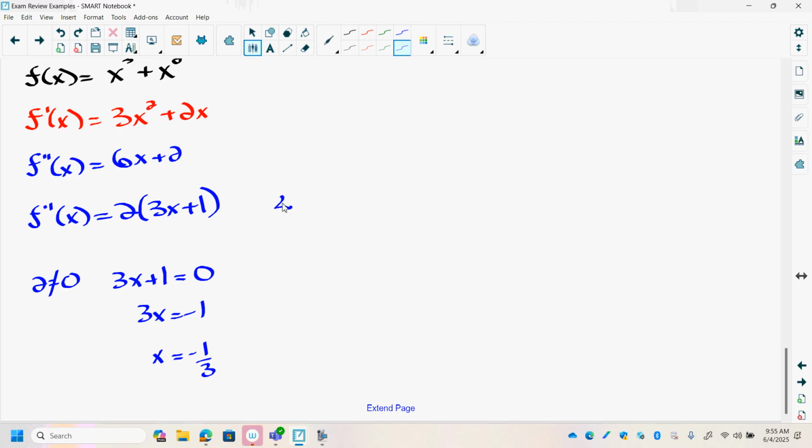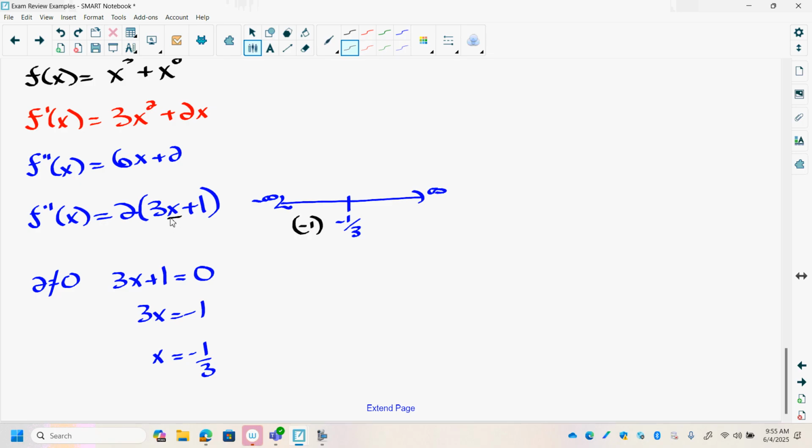I'm going to do a number line again. From negative infinity to positive infinity. Place your critical value, negative 1/3, on there. Two intervals from negative infinity to negative 1/3 and from negative 1/3 to infinity. You have a nice number here that I could use. Negative 1 on the left.